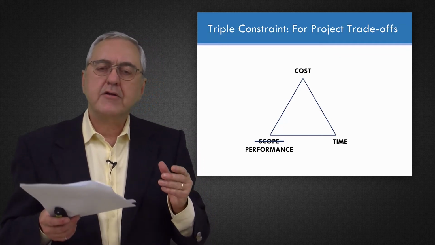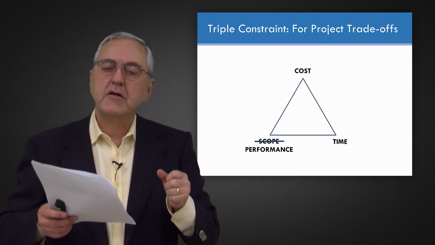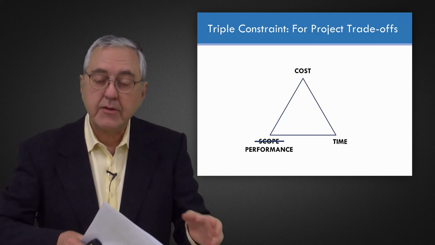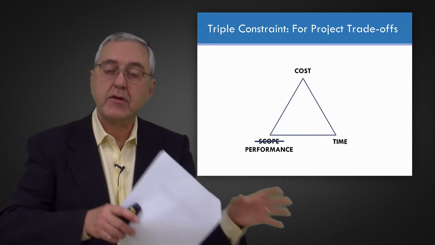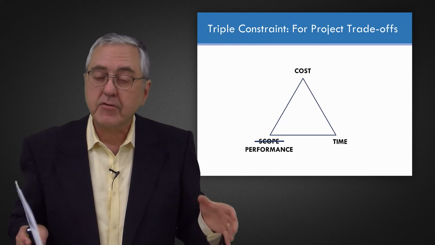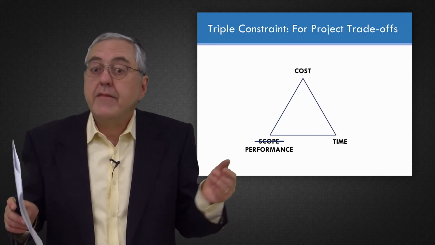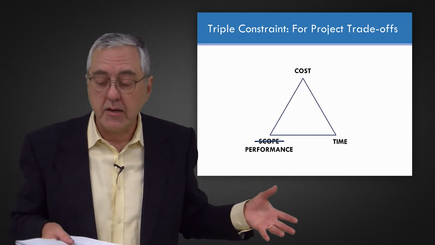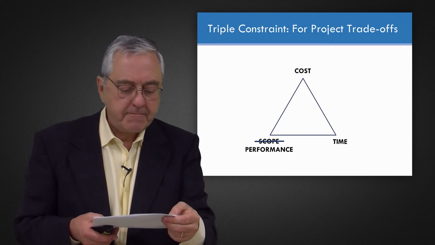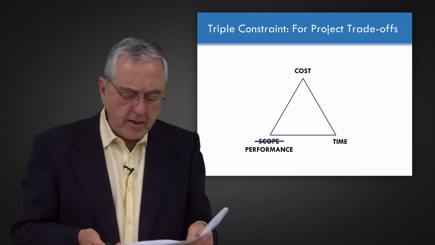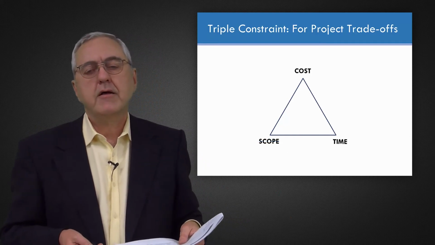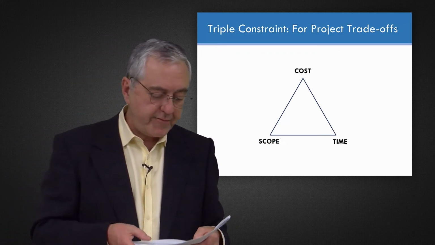So if I deliver you a product and it's working the way it should work, it's meeting the requirements, and if I have delivered it on time and on cost, then I'd say it is a quality project.